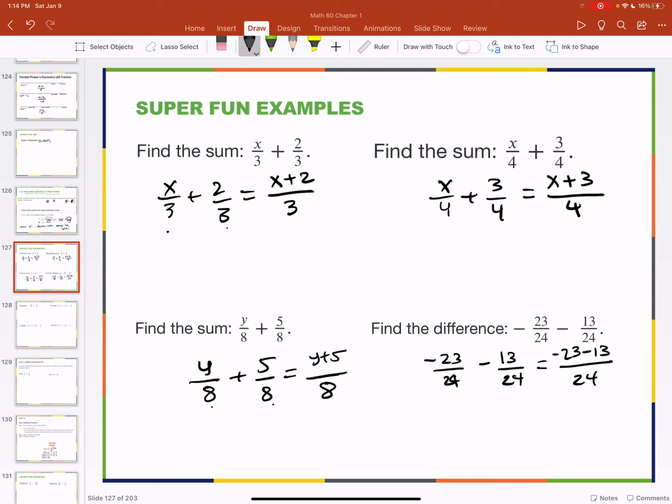Well, we know that that's the same sign, so we add, keep the sign, negative 36 over 24. Are we done here, my friends? No, we're not. Why not, you ask? Because we have a common factor, right? We can divide top and bottom by 12. Okay, so what does that become? That becomes negative 3 over 2.